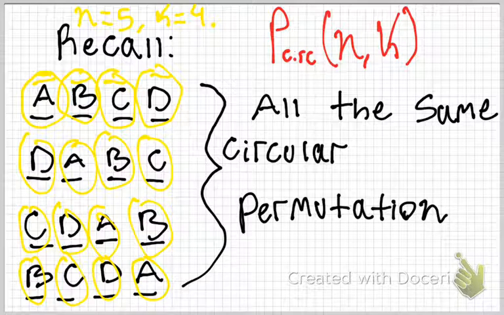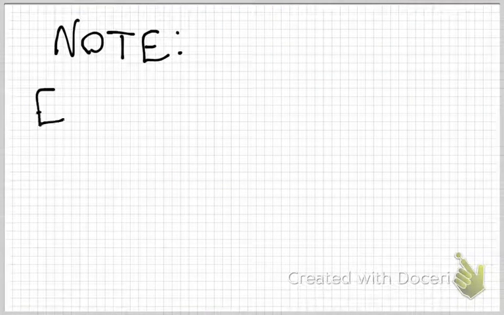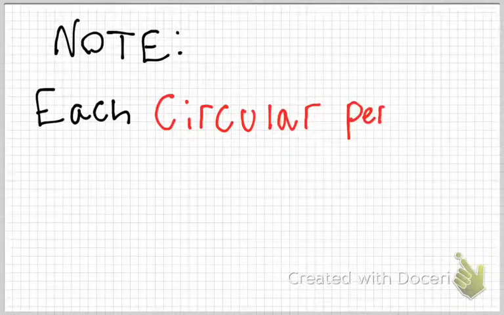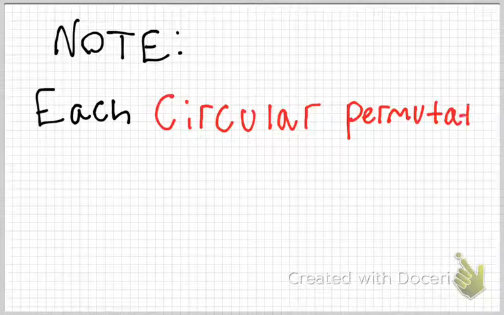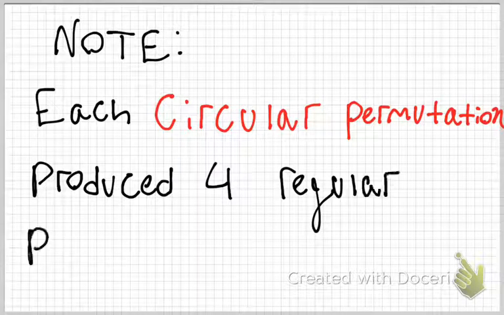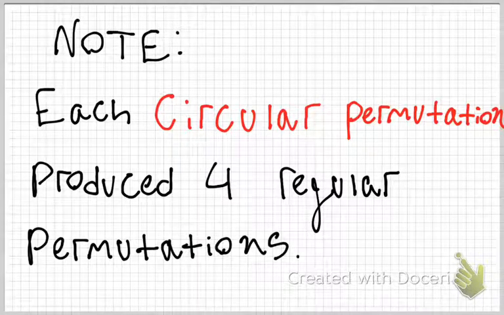So for every one circular permutation, in this case when K is equal to 4, I get 4 regular permutations. Okay? All right. Now again, I want to emphasize, notice that each circular permutation produces 4 regular permutations.